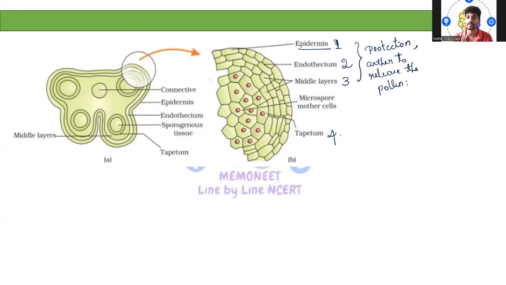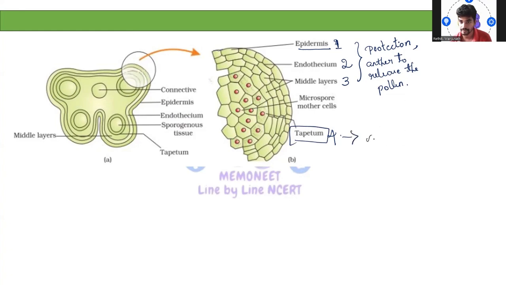Okay. So this is the major function of these three layers, that is epidermis, endothecium, and the middle layer. So now, this tapetum that I'm talking about, which is actually your fourth layer, what is its function?